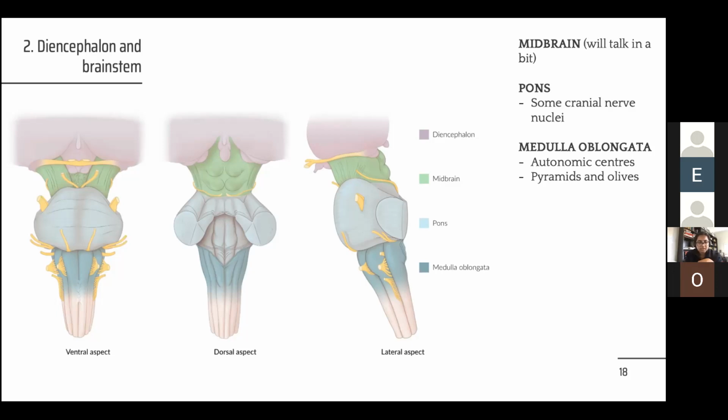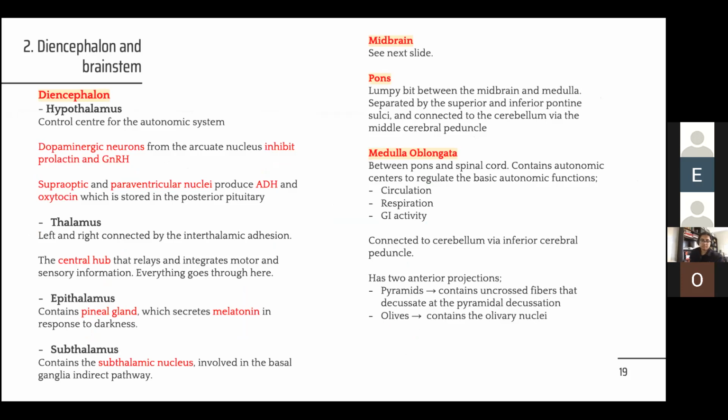So the spinal tracts that are pyramidal will go through the pyramids, and the spinal tracts that are extrapyramidal go through the olives because they don't go through the pyramids. All of the information that I said is also in text on this slide as well.